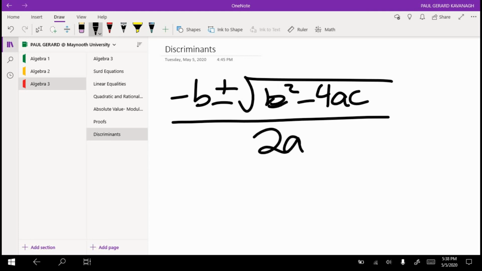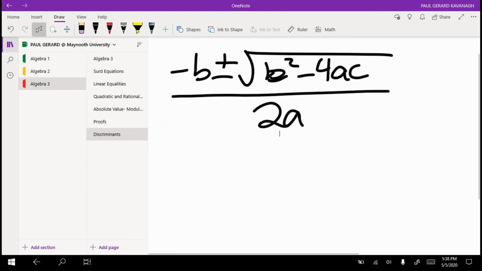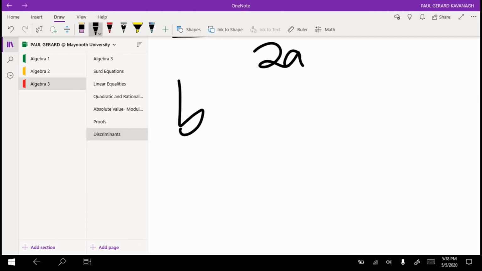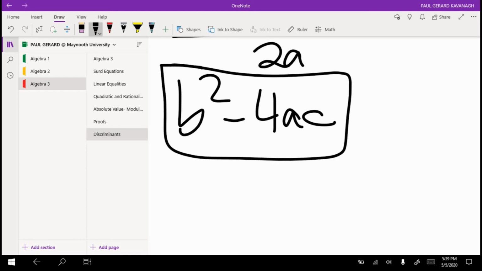But let's look inside this surd here. So now you can say b squared minus 4ac. Okay, so what I'm going to say to you guys is this is the discriminant. The b squared minus 4ac is the discriminant. This basically determines where it lies on the x-axis.